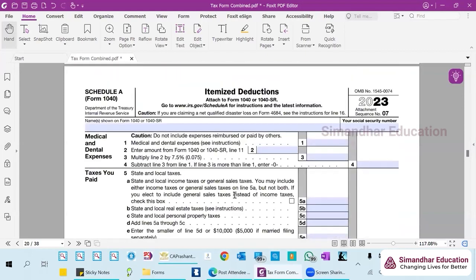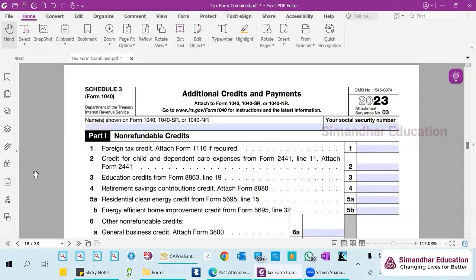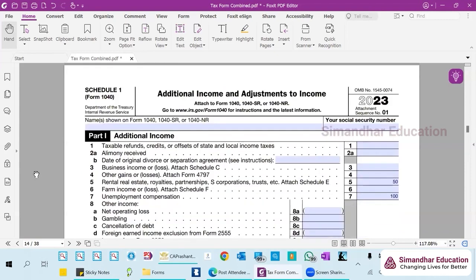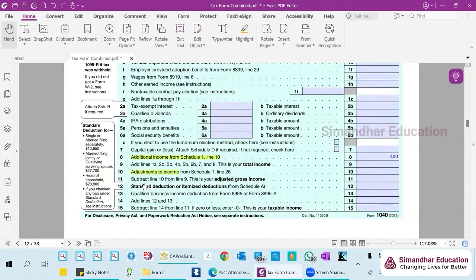Now I was saying ID, right? Itemized deduction. For itemized deduction, the total comes from schedule A. You see the standard deduction or itemized deduction, schedule A. The number is coming from my schedule A, if I'm opting for itemized deduction.